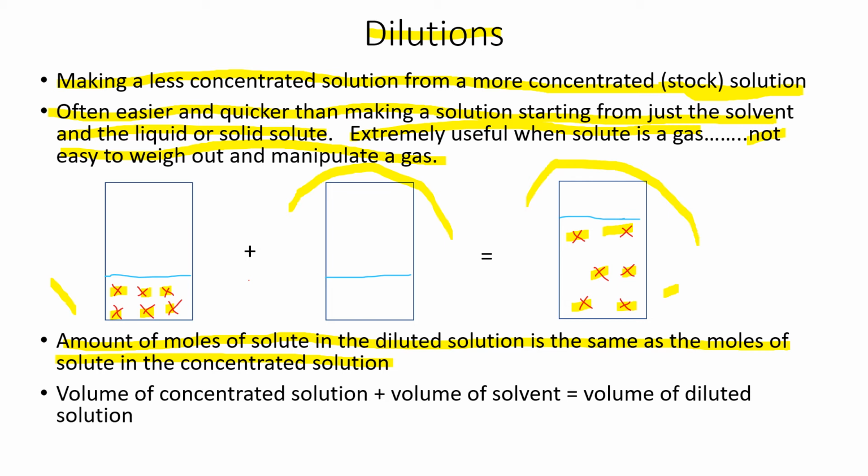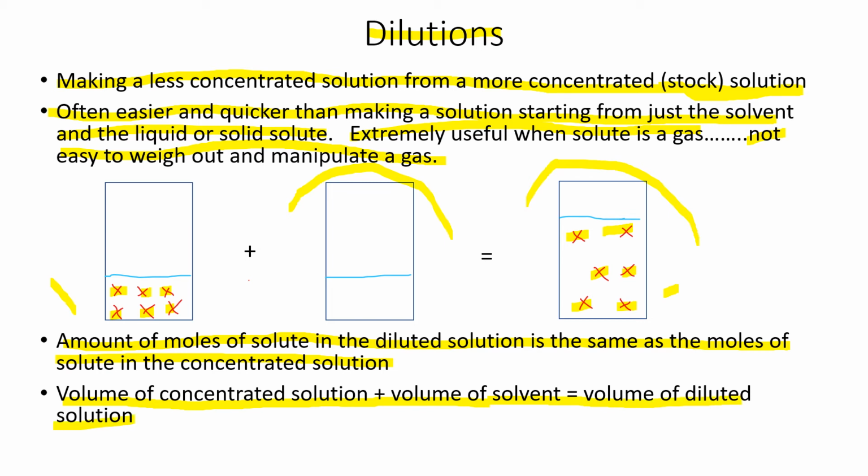Because the solvent that we added didn't have any solute in it. So that's the first thing you want to notice in this diagram. The second thing is that the volume of the concentrated solution plus the volume of the solvent will equal the volume of the diluted solution.